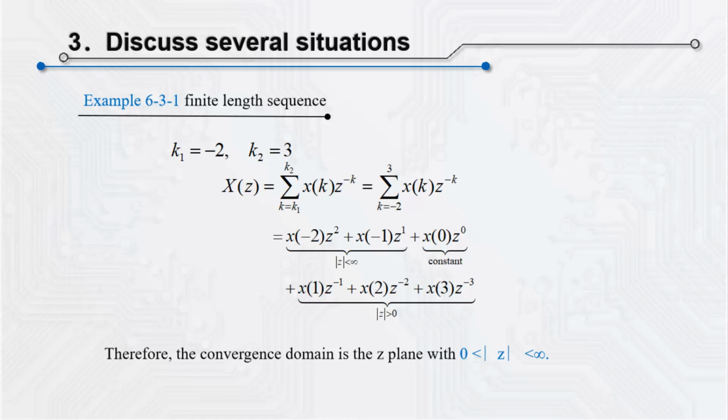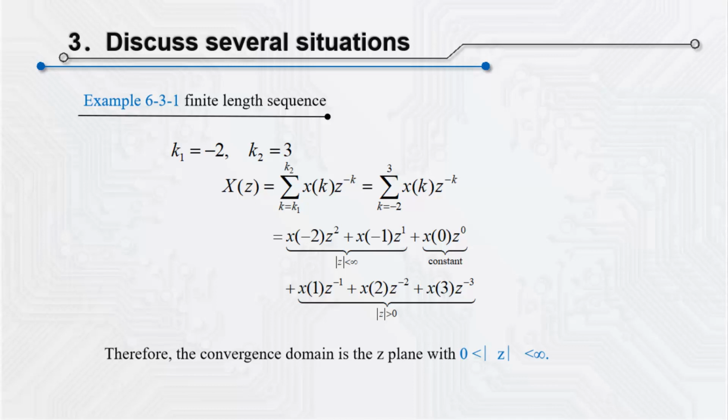According to the defined expression, when the serial number takes a negative value, for these terms the convergence domain is that the modulus of z is less than infinity. When k is equal to 0, it is a constant, and the convergence domain is the entire z-plane. When k is a positive number, the convergence domain of these terms is that the modulus of z is greater than 0.